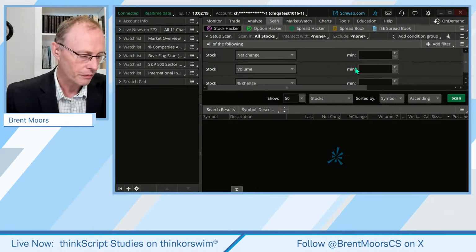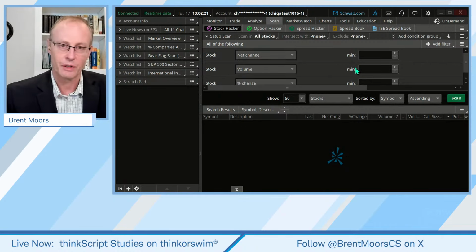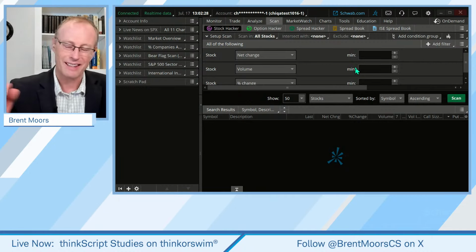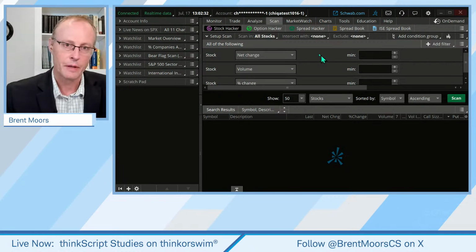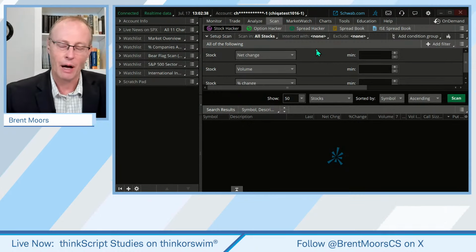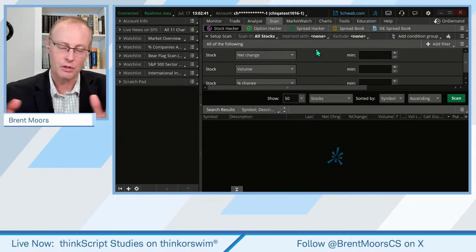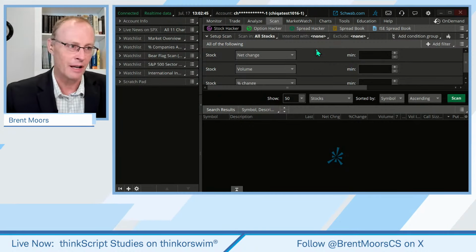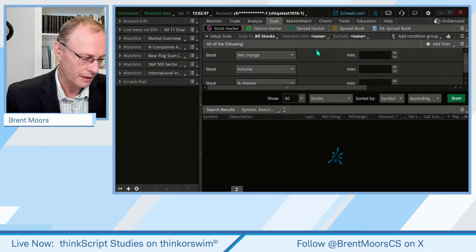The Condition Wizard is what it's called. A lot of you may be familiar with that, so we're going to go and create one. And then I want to talk about layering on these scans so you can double them up, so to speak, and find the stocks that are of interest to you. That's the goal here. I'm trying to teach you the principles today so you can do your own thing. Of course, it's not a recommendation in that regard.